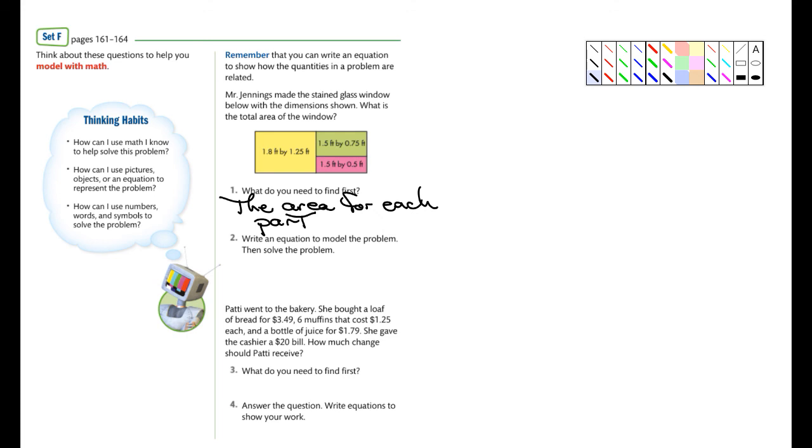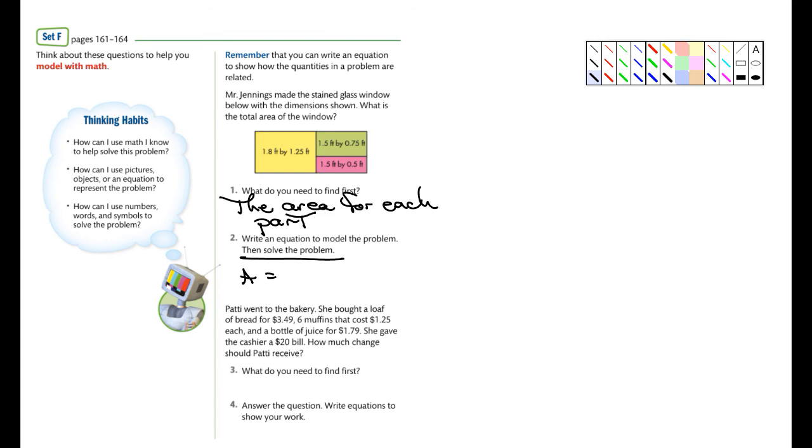Then it says write an equation to model the problem and then solve the problem. There's 2 things you got to do there. Write the equation and then solve it. So I'm going to start the equation and I'm going to let you guys finish it on your own. So I'm going to start with the yellow. So I'll just put A for area.